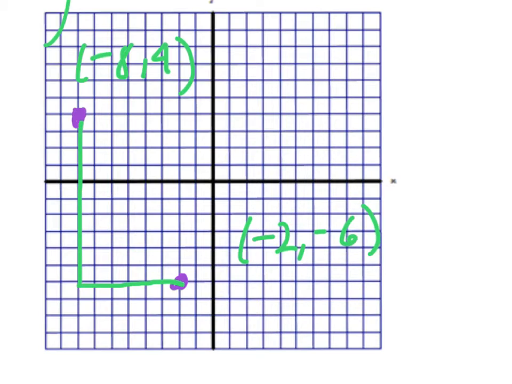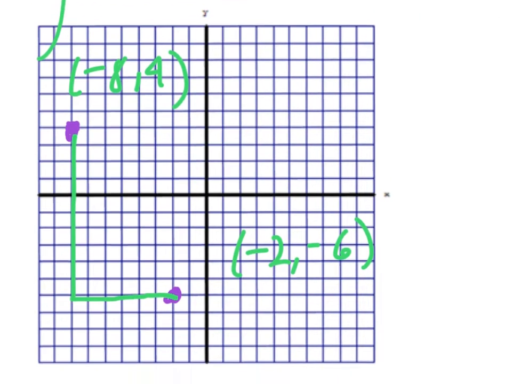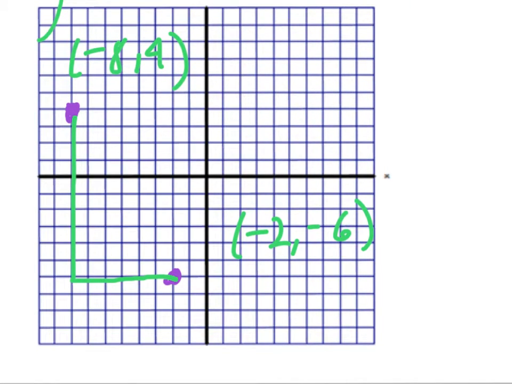Right, that's a little better. I wanted to zoom in a bit on that. So where they cross, of course, would have an x-coordinate of negative 8 and a y-coordinate of negative 6. The height distance from negative 6 to 4 would be 10.